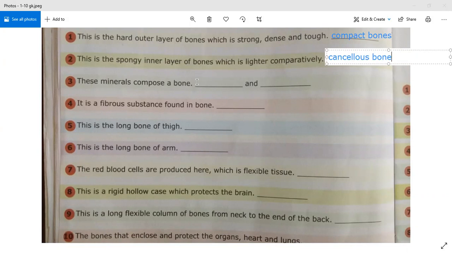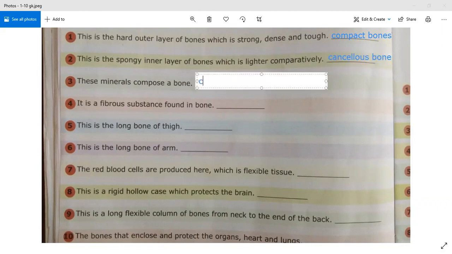These minerals compose a bone: dash and dash. Your elders always tell you to drink plenty of milk, that you should consume milk daily. You know why? Because milk is a rich source of calcium, and there are two minerals found in our bone. Do you know which are these two minerals? The first is calcium, and for the second, find out from the help box which mineral is there.